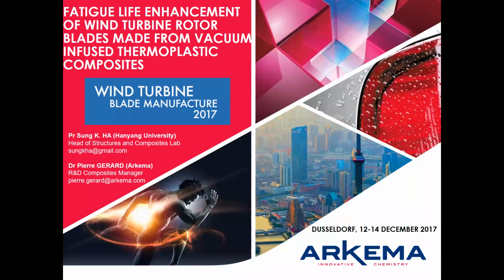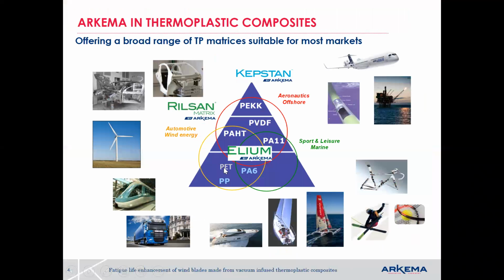After this class, I will fly to Germany and present about this wind turbine blade, on December 12. This is about all the materials, plastic. They developed very different plastics which can be applied to a wind turbine blade, or a bike, or airplane, or ski, all sports goods. And this is the composite. Composite is a fiber and resin, plastic.